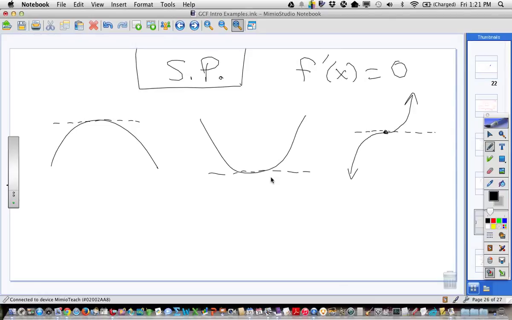If we know the derivative is 0, how do we tell if that's a local max, a local min, or a flat spot? Well, the way we do that is we test it using this thing called the first derivative test. And that's what you're going to discover as you go through this worksheet. So you open up that document that says first derivative test, you follow the directions on the worksheet, you answer the questions, you fill in the table, and then we'll talk about it on Monday. So I want you to work on that right now.